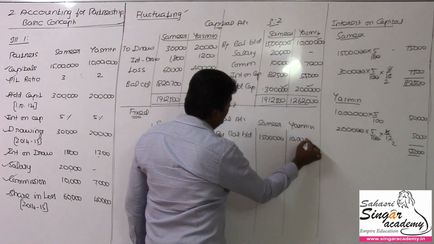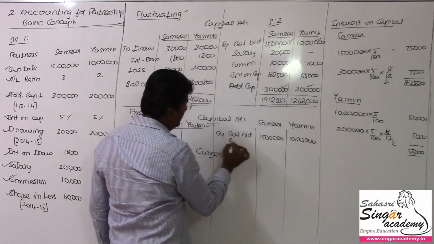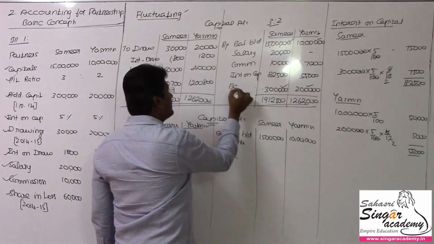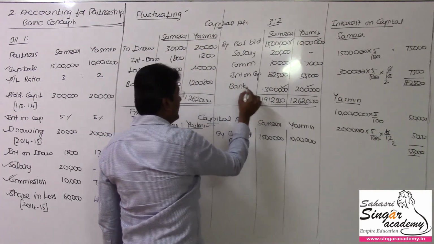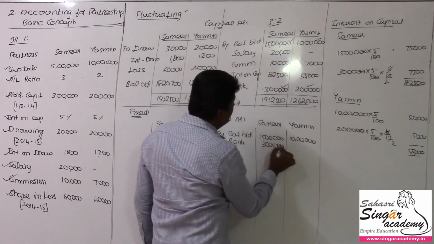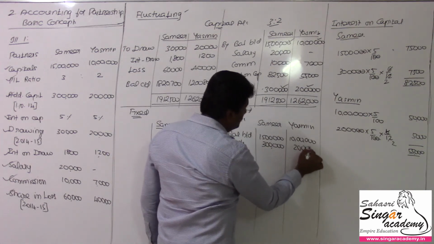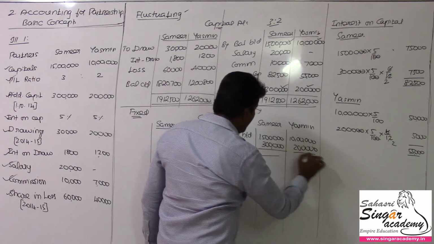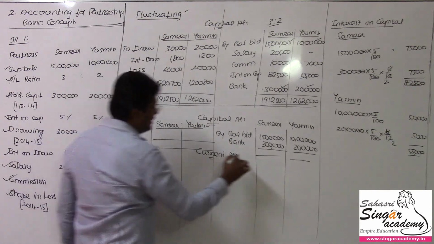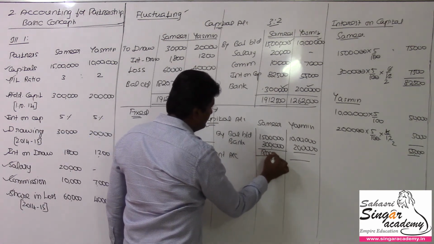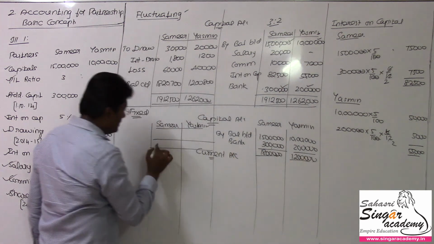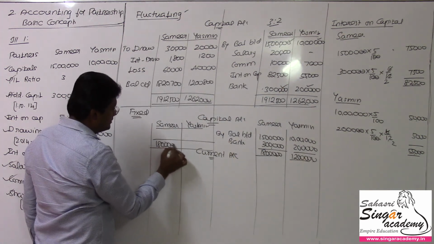The additional investment made, additional capital, you can name it as bank or cash rather than additional capital. It might have been invested by them through a bank account or cash account. So 3 lakhs and here 2 lakhs. You tally this, you will get the balance in the capital account. 18 lakhs for Samir and 12 lakhs for Yasmin.